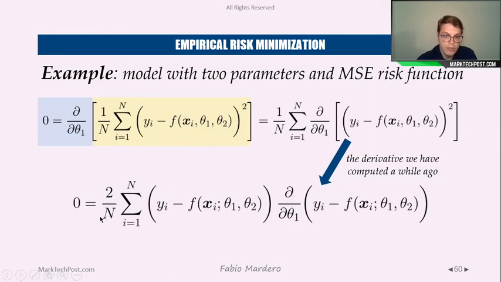This computation is useful because now we can compute the derivative with respect to theta1 of this squared term, and we get that our problem resolves to 2 over n, sum from 1 to n, of y_i minus the machine learning model output, times the derivative of y_i minus the output of the machine learning model.